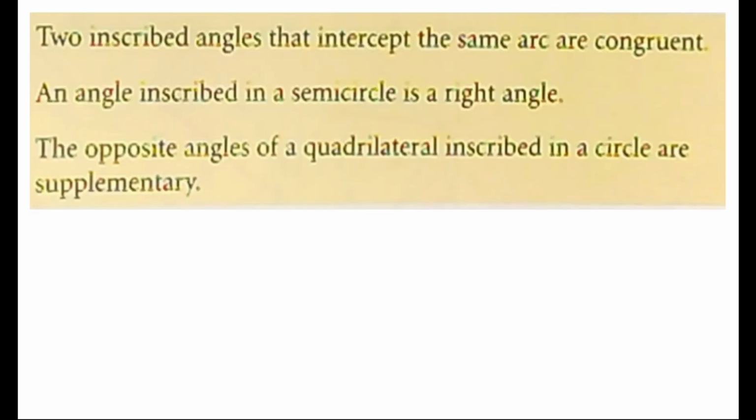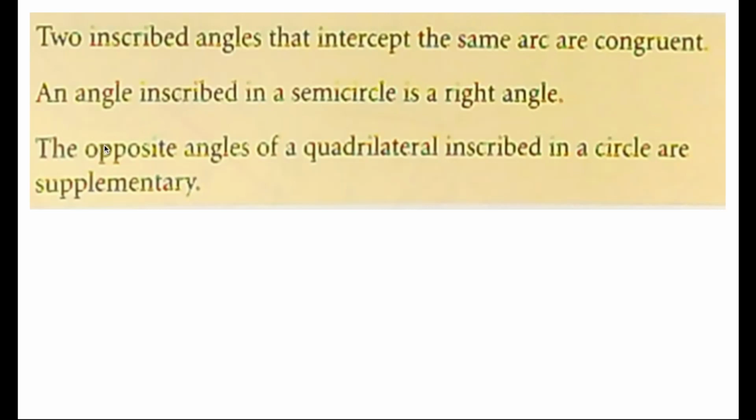Pause the video and write these down in your notes. So 2 angles that are inscribed and they both intercept the same arc would have to be congruent because those angles would both be half of the arc. An angle inscribed in a semicircle would be exactly half of 180, so it would have to be a right angle.